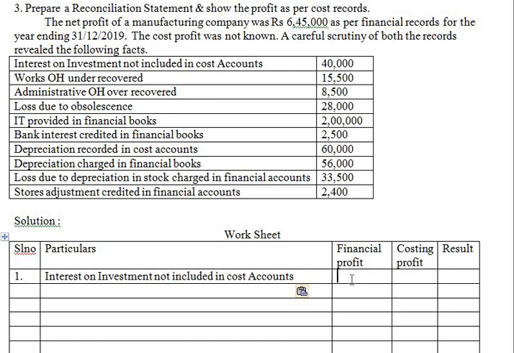It means it is included in the financial profit. So your result answer will be more, financial profit more, costing profit less, and again the result is less.